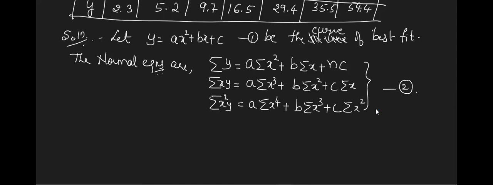Now prepare a tabular form containing x, y. Next we want x square, then x cube, x raised to 4. Powers of x, at the most we want till x raised to 4. Next we want again xy and x square y.